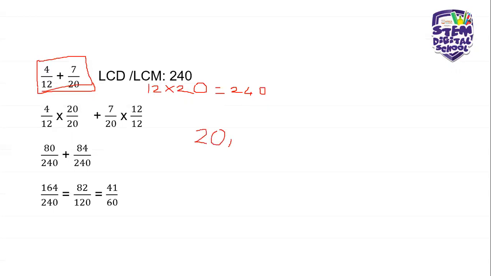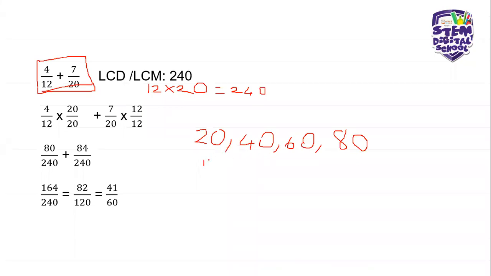I say 20, 40, 60, and then I go to 80. And then I go to my dear friend 12.